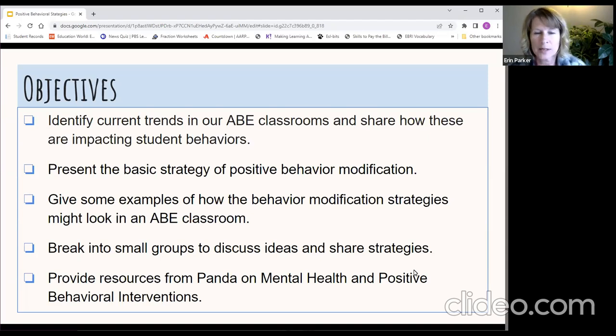We'll break into small groups to discuss ideas and share those strategies, because we know all of you have had these experiences also and want to share. And then we will provide the resources from Panda on mental health and positive behavioral interventions. Looks like there's some feedback, but hopefully that'll fix itself.